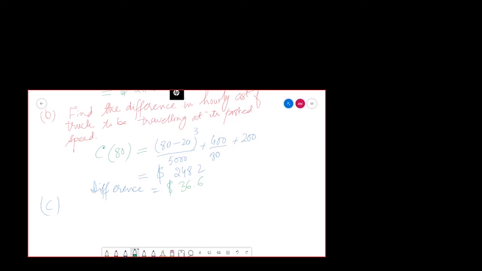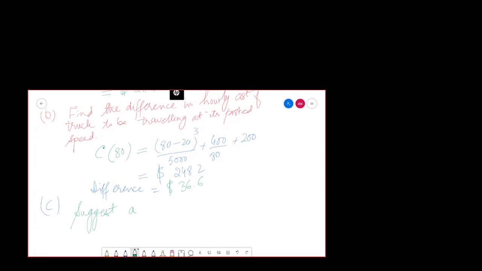Can you suggest whether the company would be asking its driver to travel at this speed which gets the minimum cost, or they will ask them to move at 80, which is the posted speed? Ask them to move at 80. Why? For time efficiency, to get there faster. Yes, certainly.